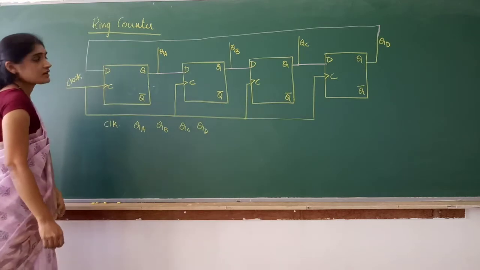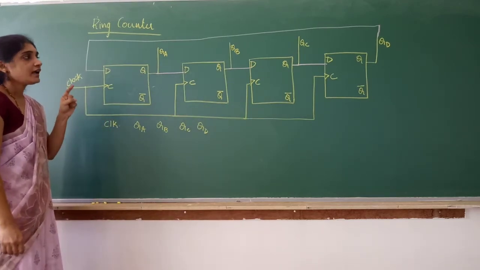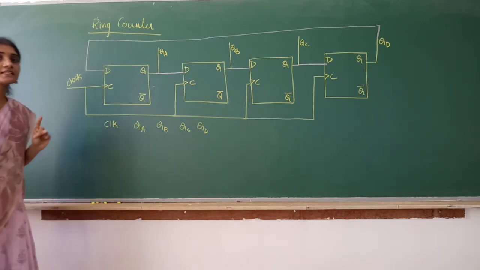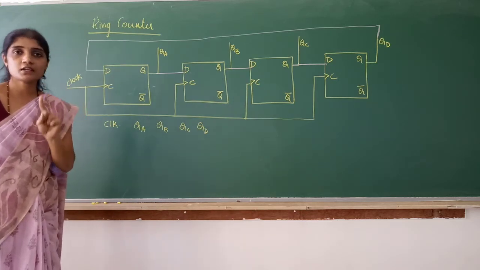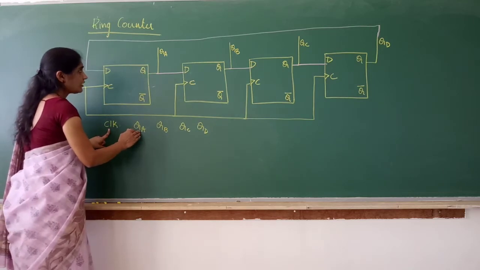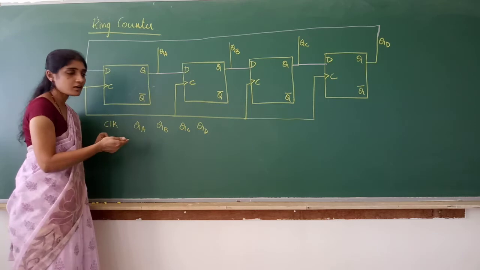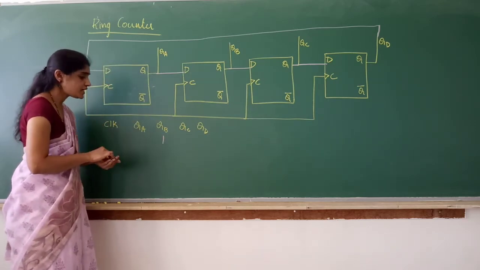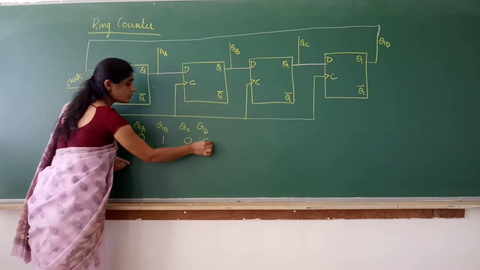So now what is ring counter? Ring counter is initialized in such a way that any one flip-flop will be in state 1. You always have to initialize the ring counter such that one flip-flop will be in state 1. Okay. So listen, here I have taken QA, QB, QC, QD. So how do you initialize the ring counter? Any one flip-flop should be in state 1. Let me take QB in state 1, whereas the others will be in state 0. This is how you initialize.